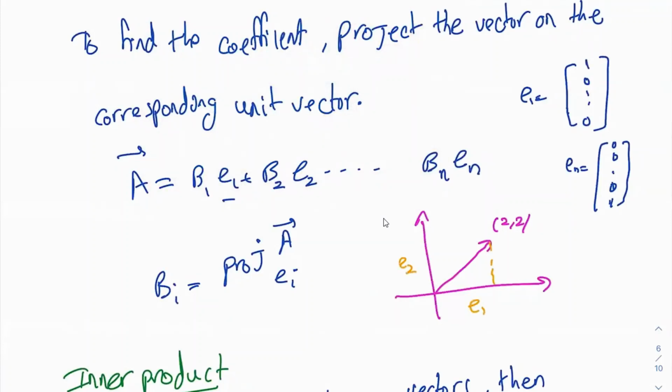What is the projection? I haven't discussed it yet, but it's like a dot product. Here it is obviously equal to 2. So B1 is equal to the projection of the vector A on E1, so it's going to be 2. And B2 is the projection of A on the unit vector E2. It's going to be again 2.